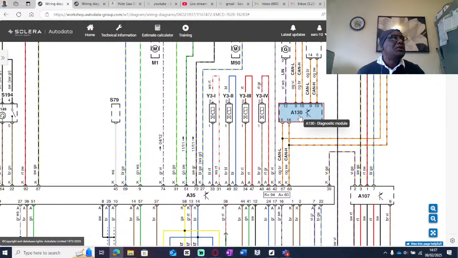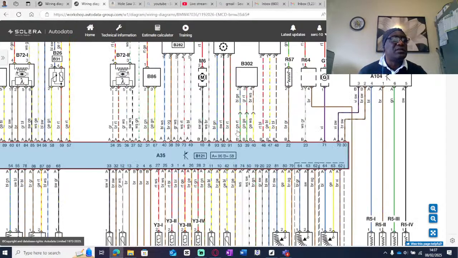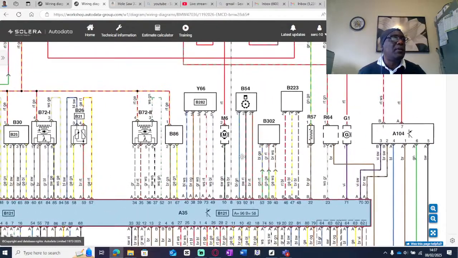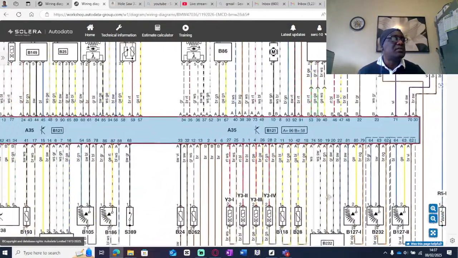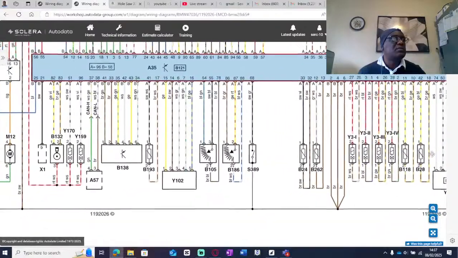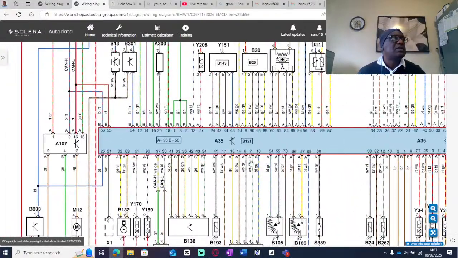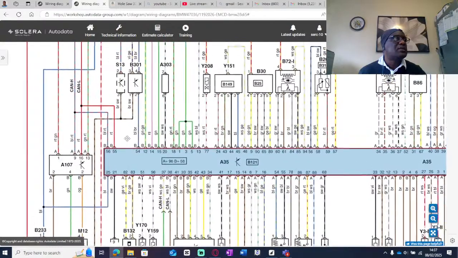Gentlemen, to be honest with you, you need to have your eyes open. You see they're saying pin 16 here. I don't know whether this is an error, because usually it is pin 14, not pin 16. Let me look at this other one here and see where my CAN bus system is. Do I have a CAN bus system in this one? Yes, here's the CAN bus system.